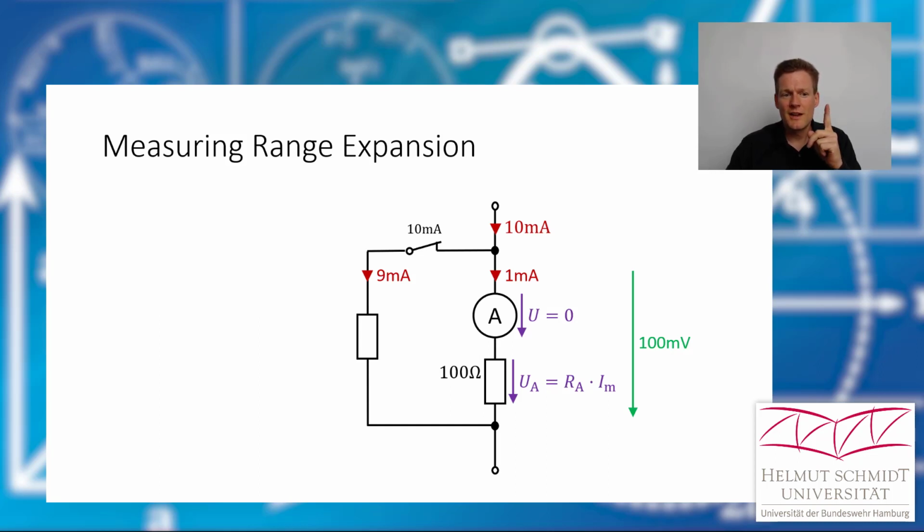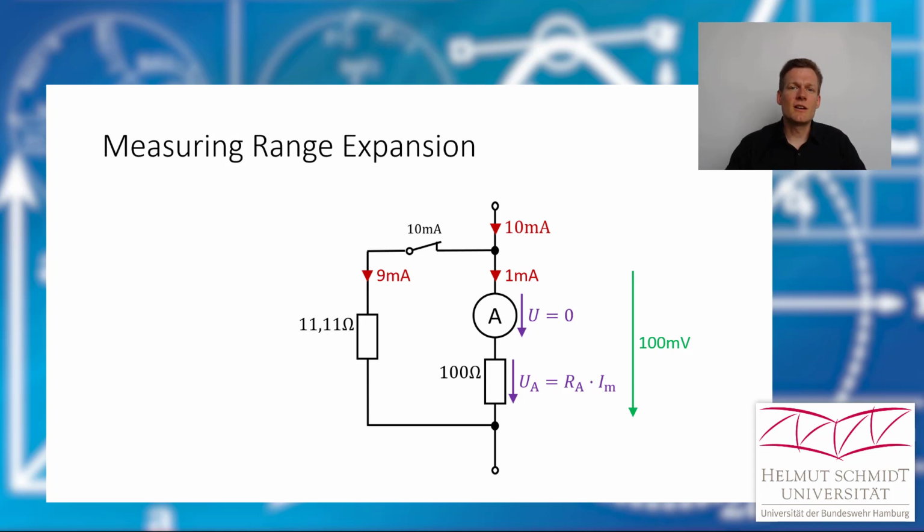We want that when we have a voltage drop of 100 millivolt, the current of 9 milliamperes flows. So we can use Ohm's law, and this leads to 11.11 ohm.